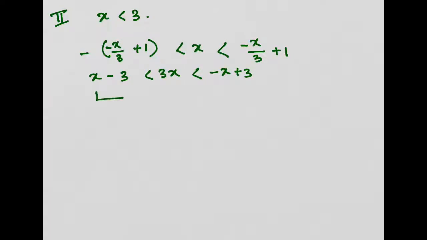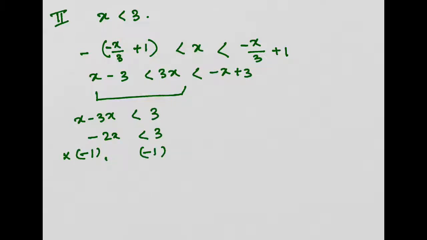In the same manner, for solving this, what I am getting is x minus 3x less than 3. So minus 2x less than 3, or again multiplying with minus 1 on both sides, I am having x greater than minus 3 by 2.